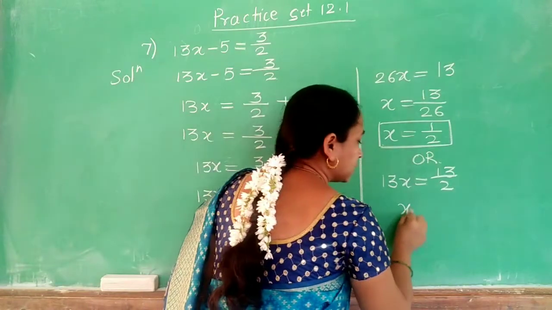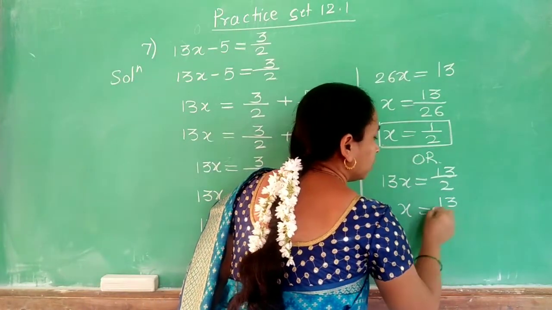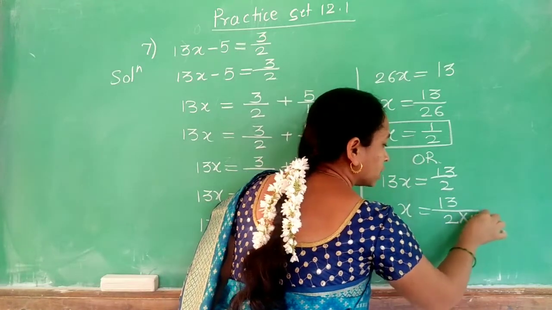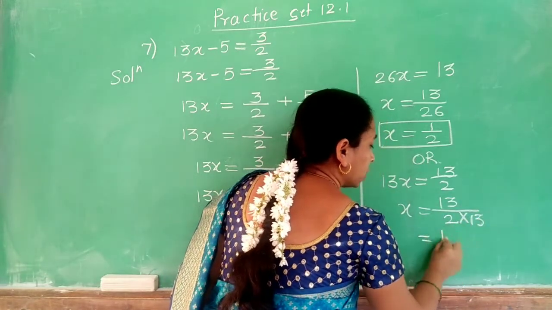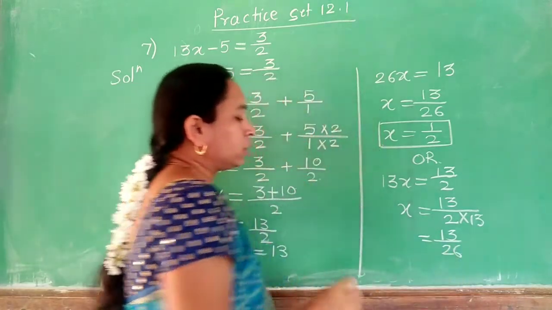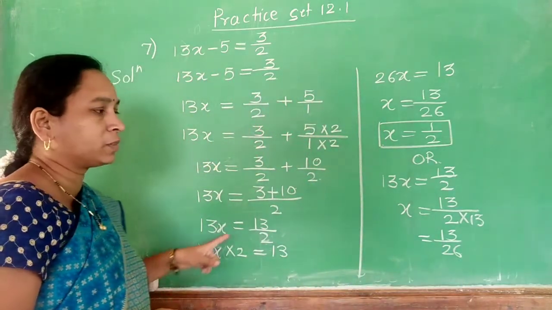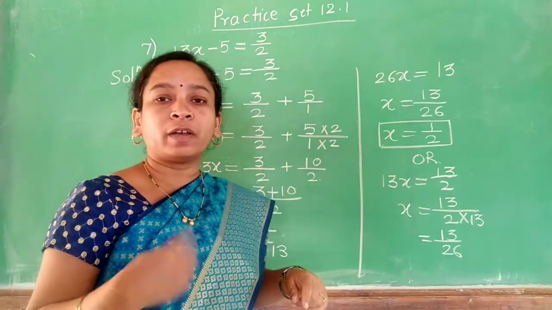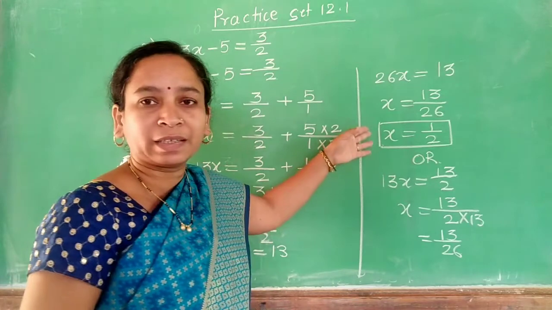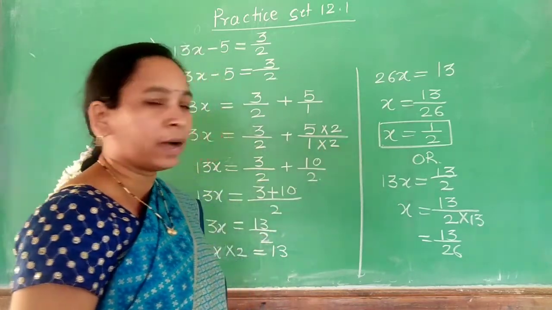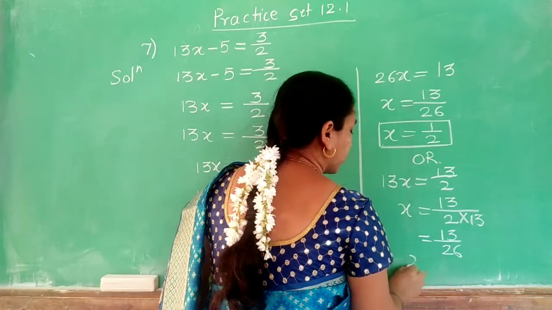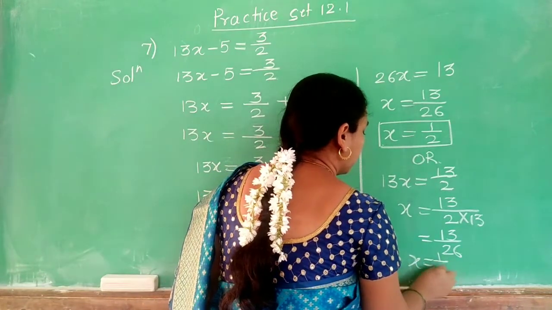So, x as it is, 13 upon 2, and this 13 will go at the denominator, so it is 13 upon 26. So, dear students, see, same steps I have shown how to solve in two different ways. Whichever you feel is convenient, you will go according to it. 13 upon 26, if you reduce it, you will get the same answer 1 upon 2.